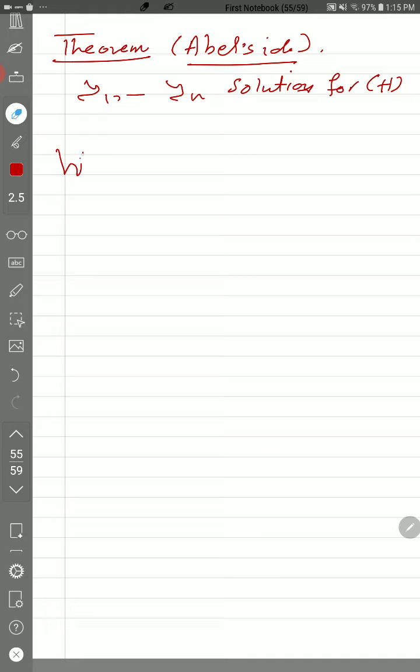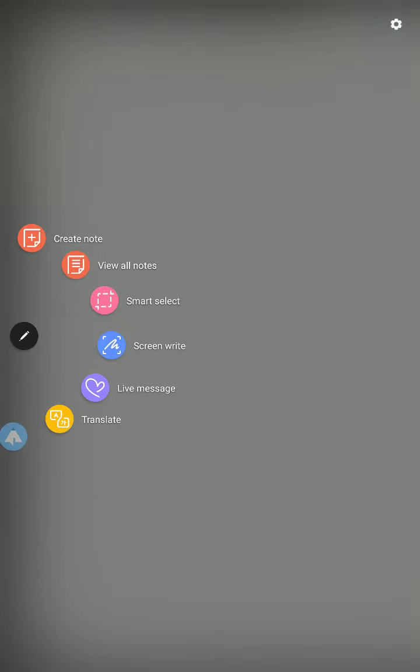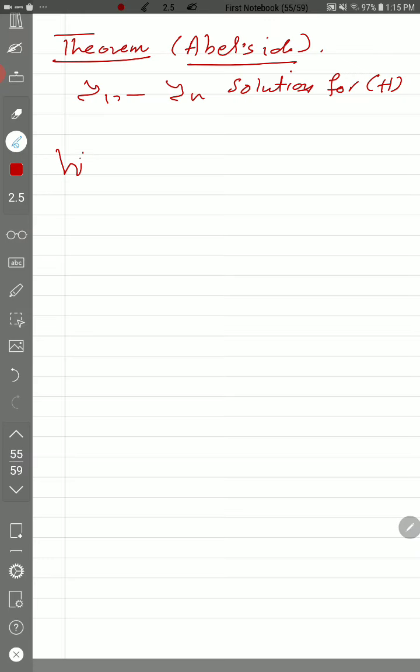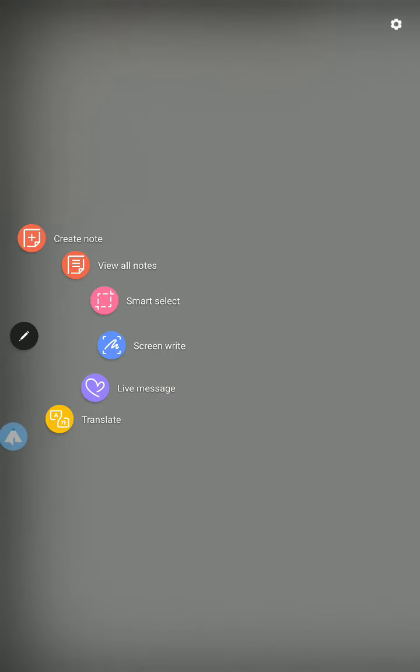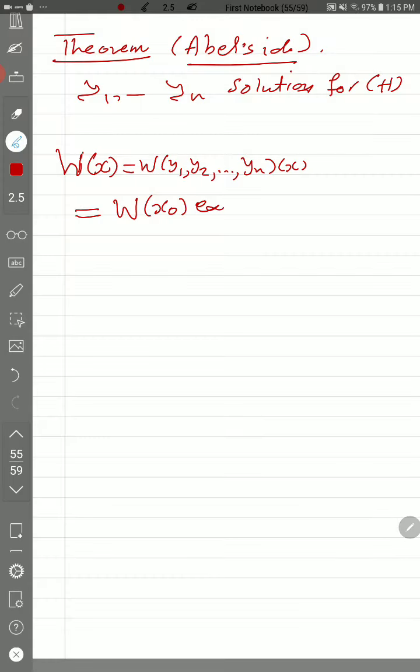Then the Wronskian, the value of x, means the value of y1, y2 until yn, we write it like that before. It equals the value at x0, if you remember, times exponential of minus the integral from x0 to x of p1 from your homogeneous equation dt.